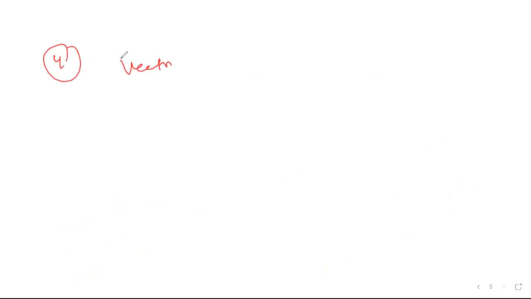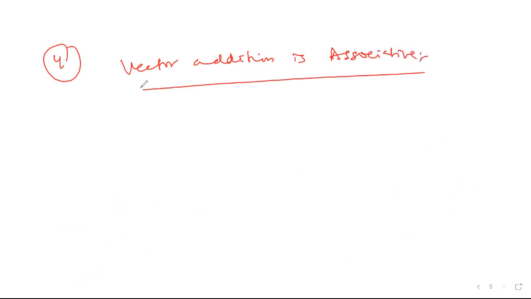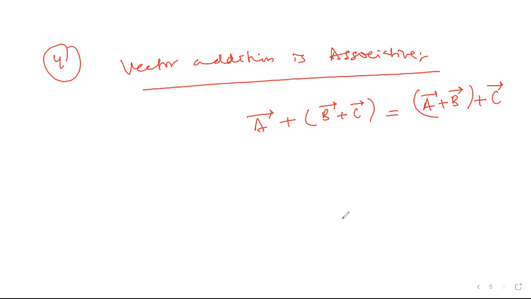Vector addition is also associative. That means if I have vector A, I add it to B plus C, or I do this way, I add first A with B, then the result I add with C. I get the same vector.